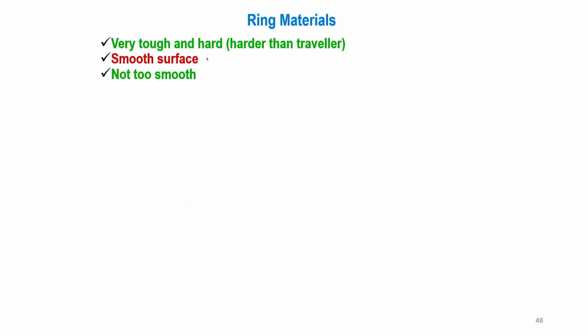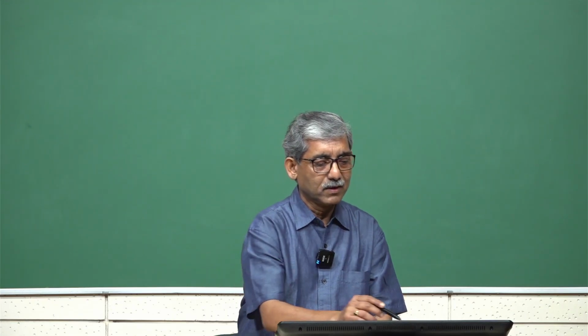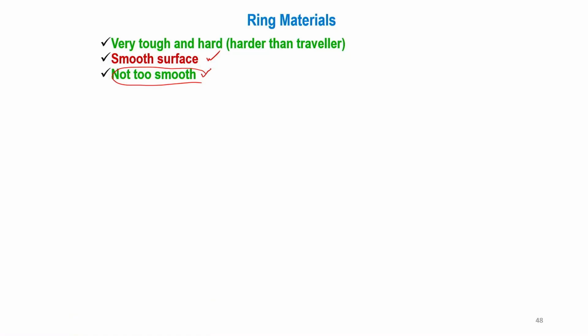A smooth surface is for smooth running of the traveler over the ring surface, but if it is too smooth, the natural lubricating film will be a problem. This lubricating film is important for smooth running of the traveler.